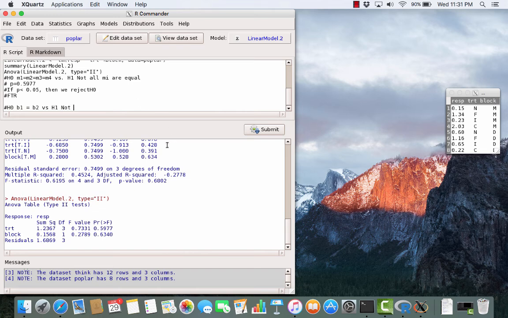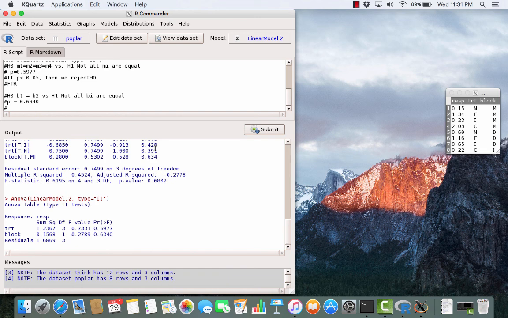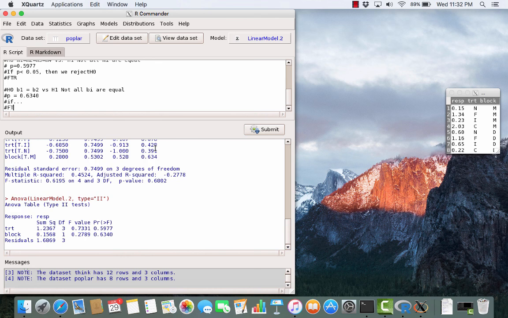H0: B1 equals B2 versus not all B sub i are equal. And then the p-value is 0.6340. If you fill that in, make sure you fill that in, and of course, fail to reject. Okay, make sure you're filling that in on the test tomorrow.